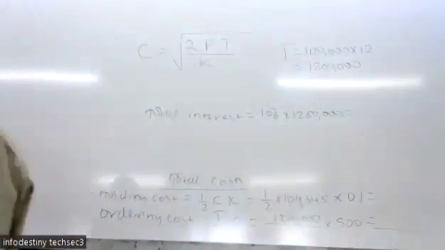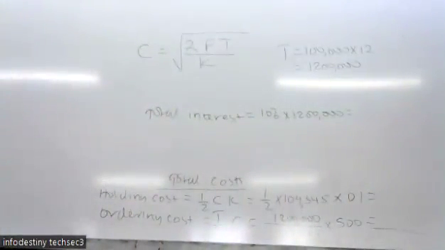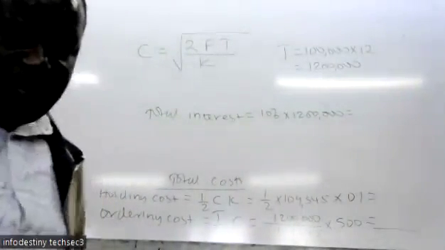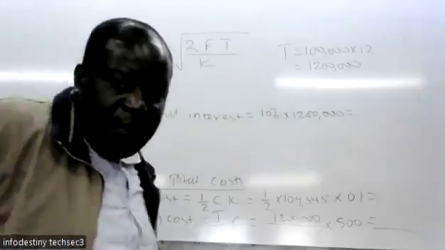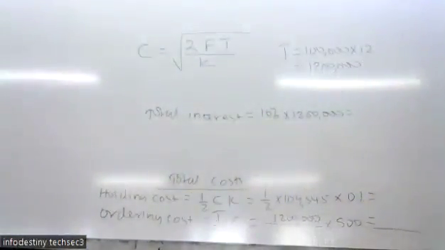So opportunity cost is simply 10% of the 1.2 million.